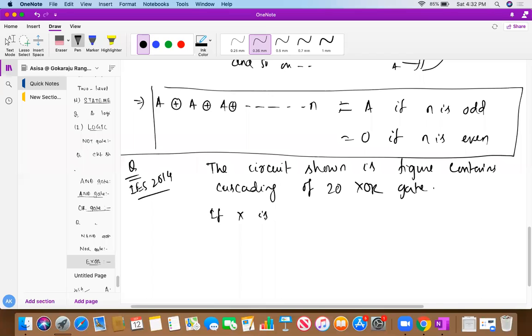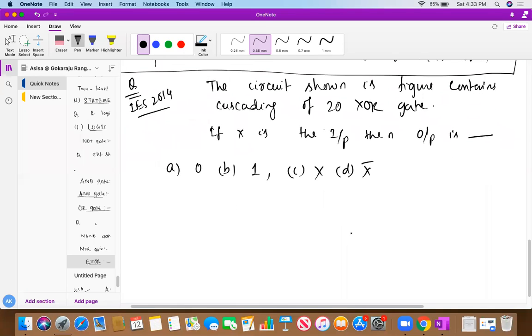If X is the input, then what is the output? Options: A 0, B 1, C X, D X bar.